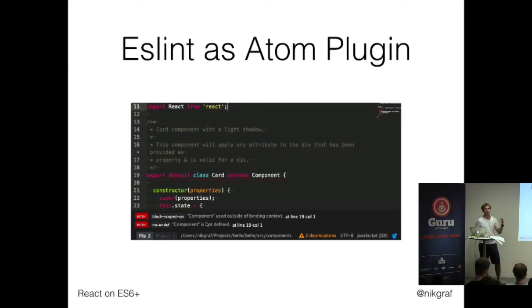And the same goes if you try to override a const. If you break any kind of rule that you activated with ESLint, it will show you, hey, you're wrong.